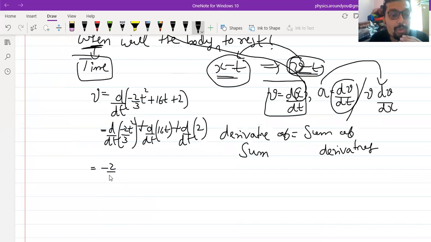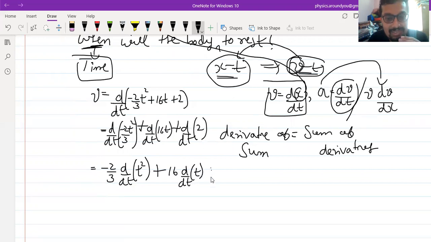So minus 2/3 d by dt of t square, plus 16 is a constant, it comes outside, so I have 16 times d by dt of t, plus d by dt of 2. Can you use a formula you know for finding derivatives to get the expression at this stage? Can you do that?